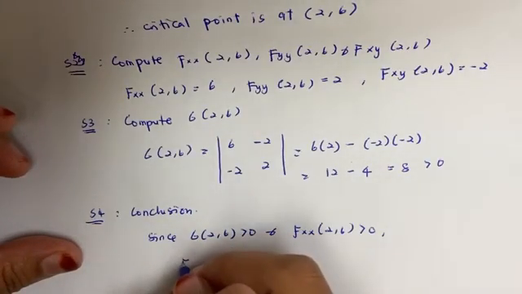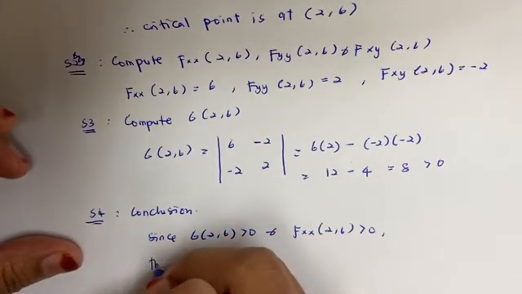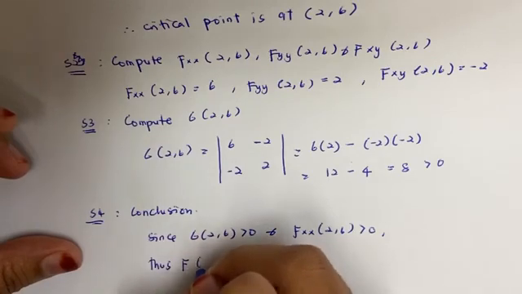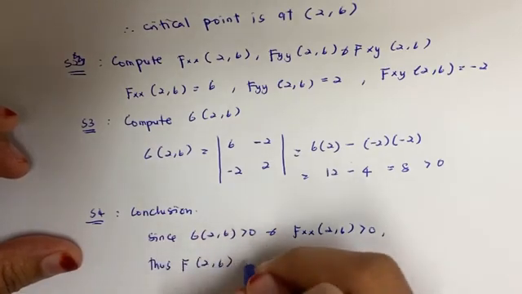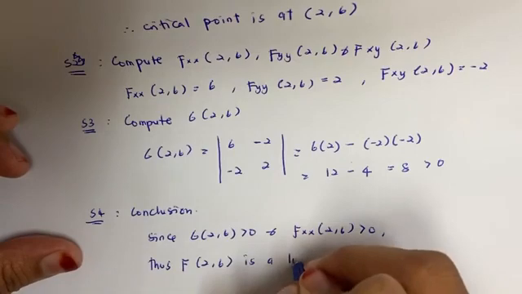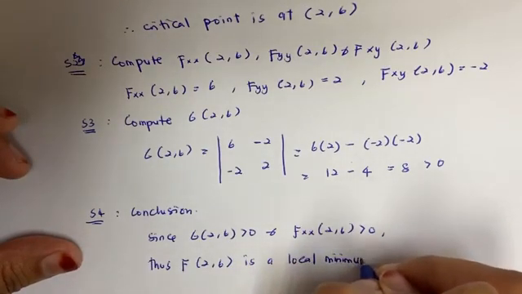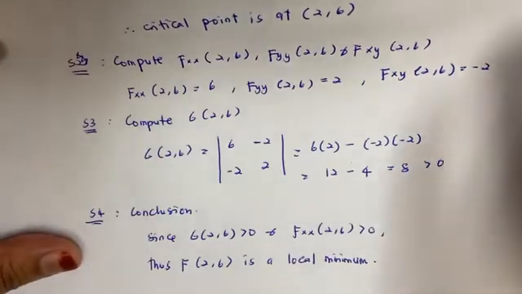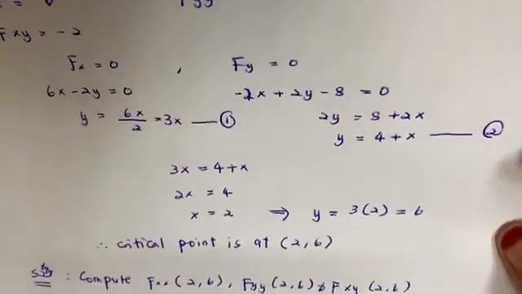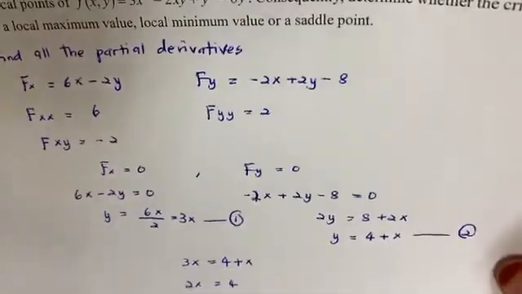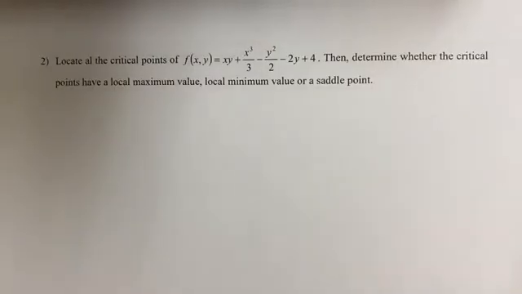Okay, so the conclusion is, thus, f at 2, 6 is a local minimum. Okay, so these are the 4 steps of solving for local extrema. As for the second example, we will look at a problem with multiple critical points.